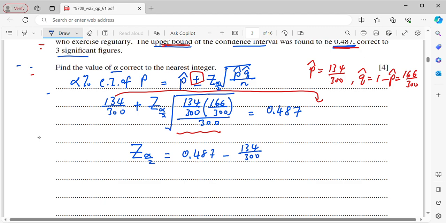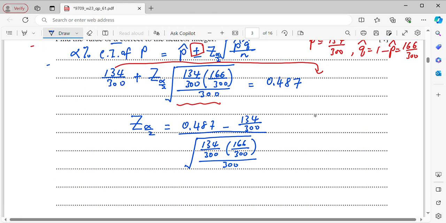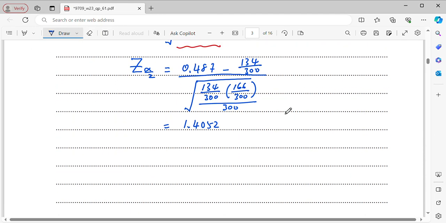Instead of multiplication, now I change to division. So divide by the whole square root. So here 134 over 300 times 166 over 300, then over 300. So when you calculate this value, it will be 1.4052.